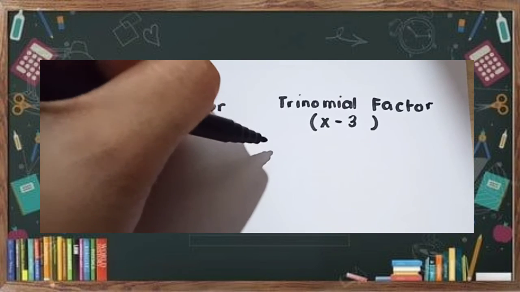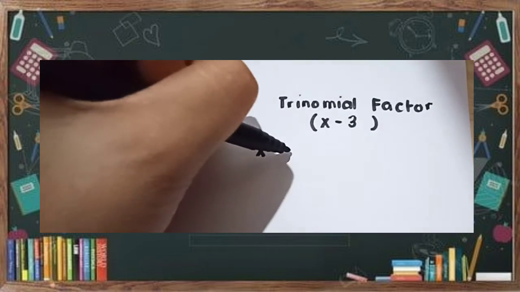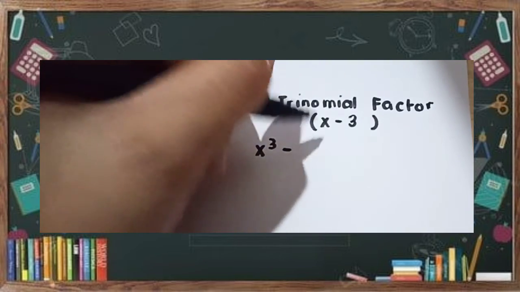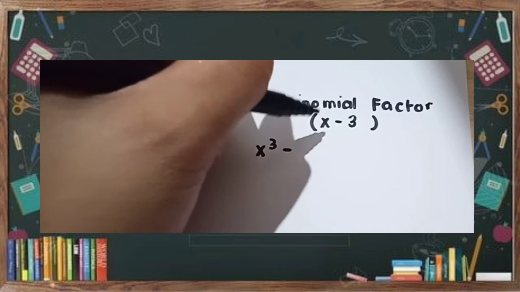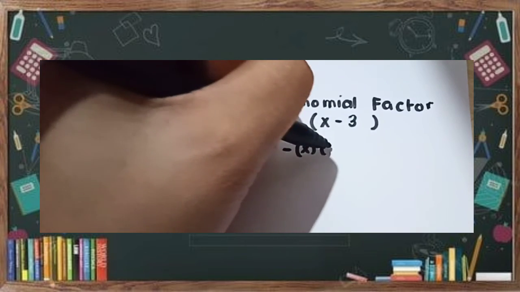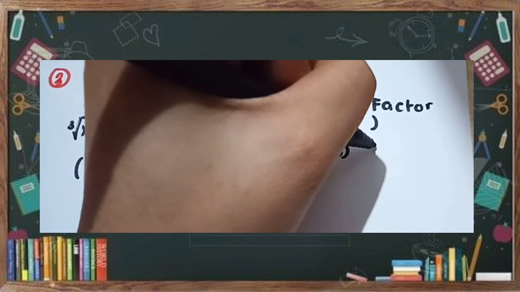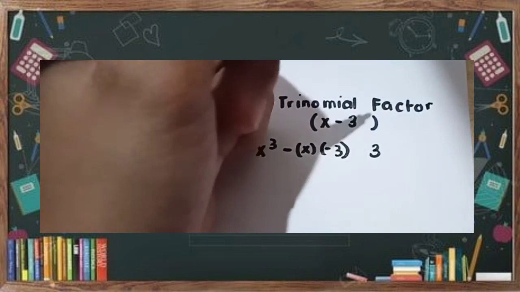Okay, so we need to get the square of the first term minus the product of the first term and the second term. Then, square natin yung last term.